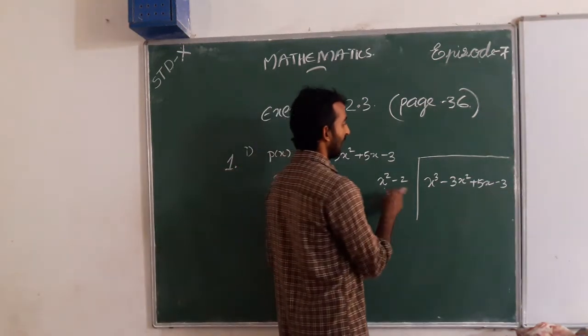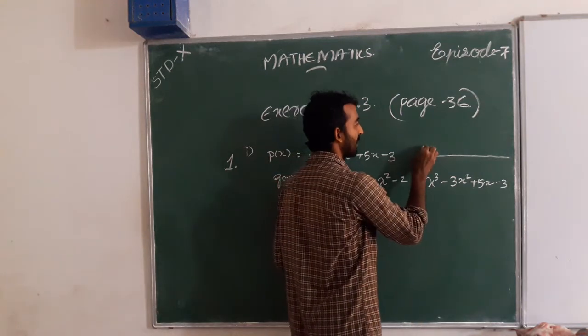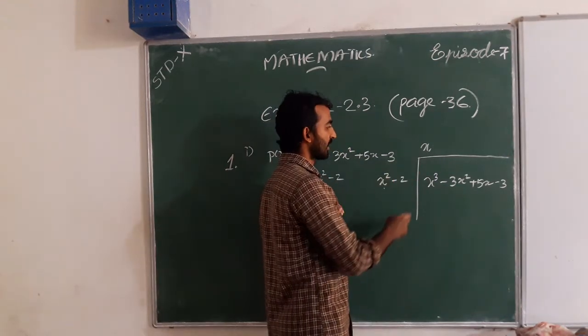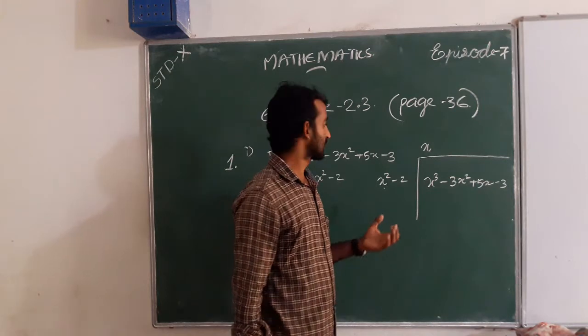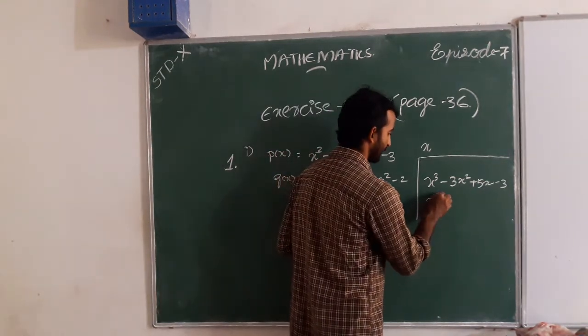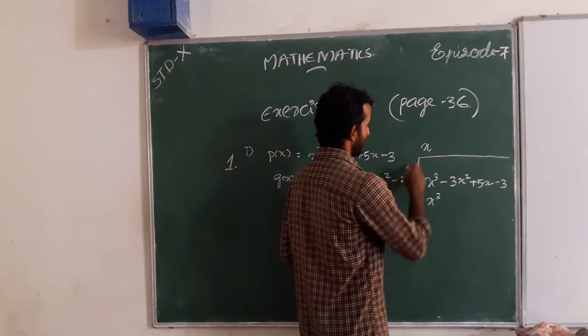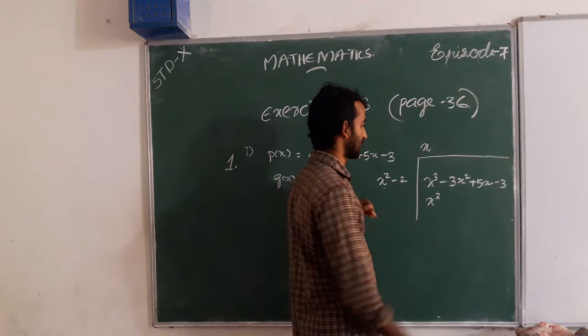Here we want x cube, and the divisor has x square, so we take x. When we multiply x square with x, we get x cube, and x into minus 2 is minus 2x.